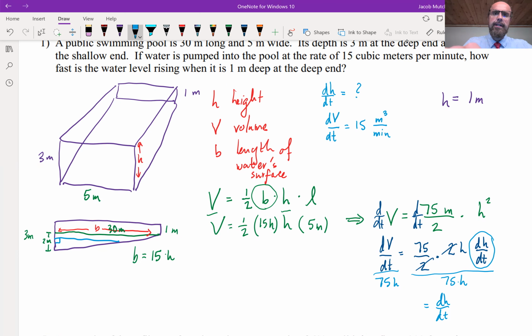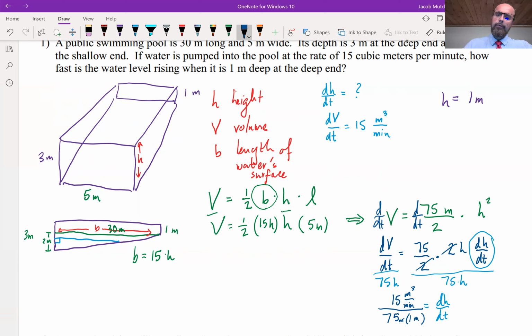So dV/dt has the value of 15 meters cubed per minute. And I'm going to divide that by 75, I'm sorry, times the height that we're interested in, which is 1 meter. And again, this 75 itself is a meter measurement.